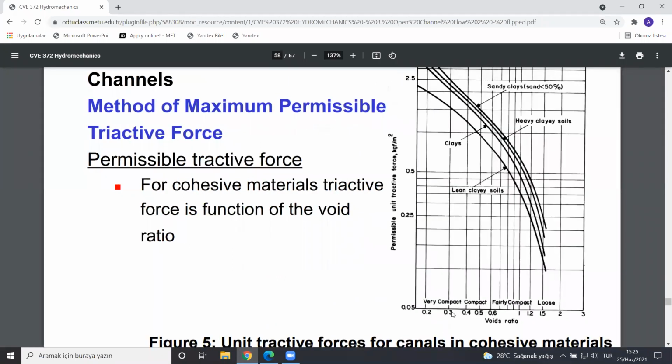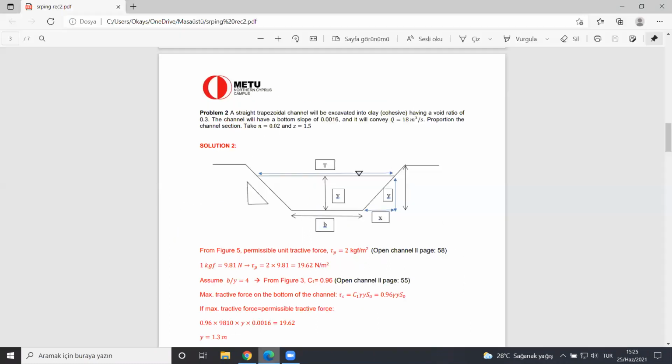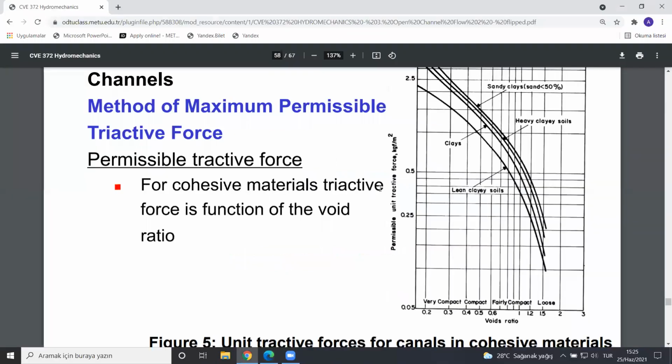In the x-axis, the void ratio is given and the curves are defined for different types of soils. In our question, we are using clay and our void ratio was 0.3. Therefore, from 0.3, we will go to the clay curve, which is this one. We will read our permissible unit tractive force from the y-axis.